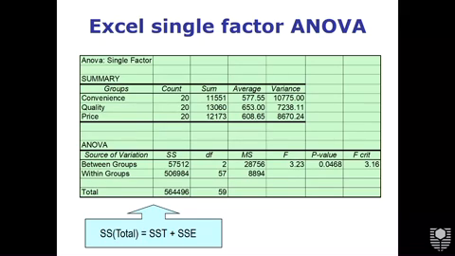In the final exam, I will provide you with this one, but I will hide some values. This is the name of the variable: SS between, SS within, and SS total.